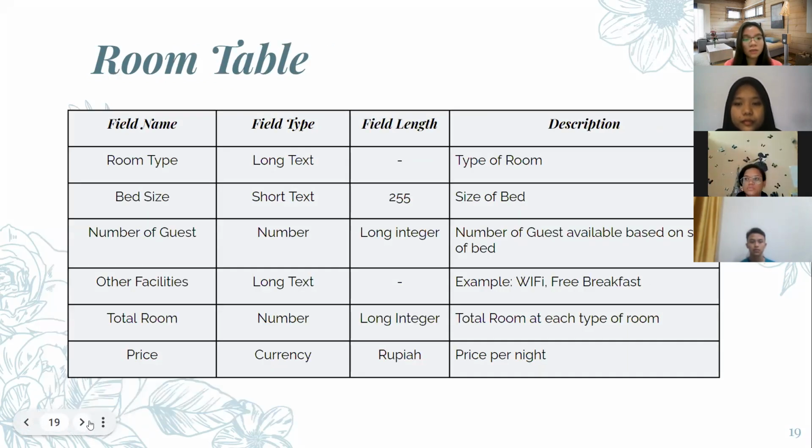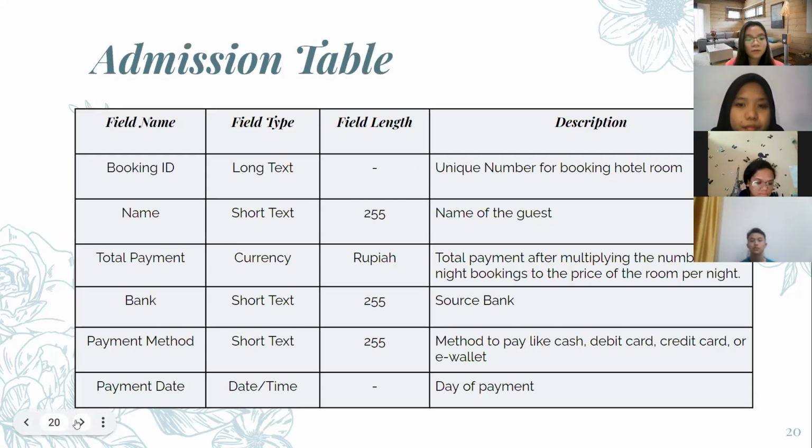And then it will be the same for the room table, which consists of room type, bed size, number of guests, other facilities, and total room price in the field name, and each description for field type, field length, and description. In the admission table, we have booking ID, name, total payment, bank, payment method, payment date, and each field type, field length, and description for each field name in the admission table.